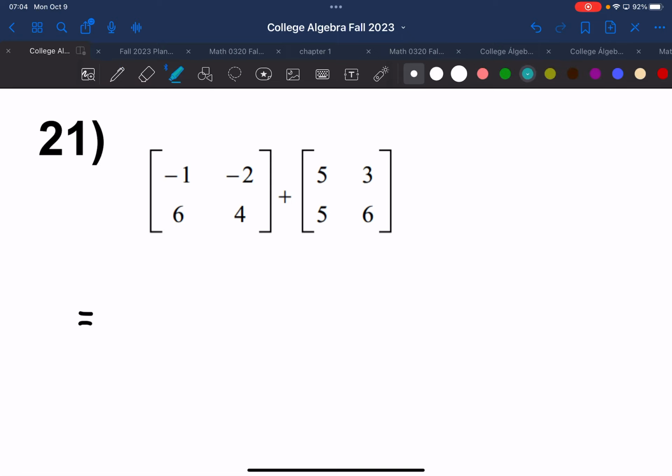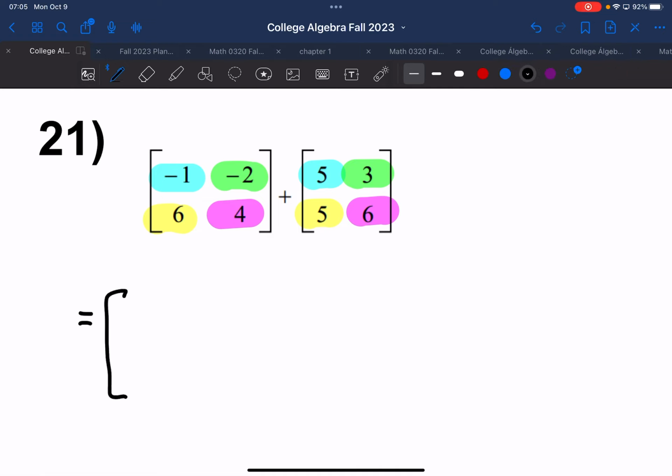So again, we're adding all the corresponding numbers. So from -1, we would add 5. For -2, we would add 3. 6, add 5. 4, add 6. So I'm going to go ahead and write that out.